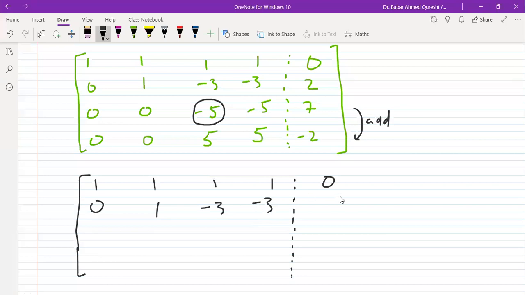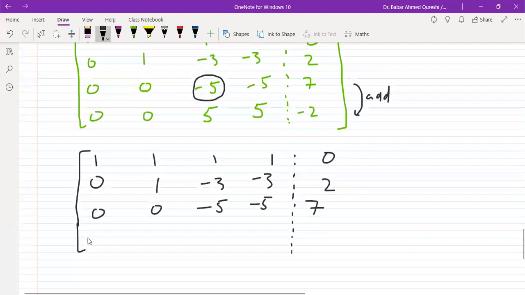Inconsistent is coming. Let's see what happens. 0 0, added, it became 0. Adding 7 and minus 2, I get a 5.